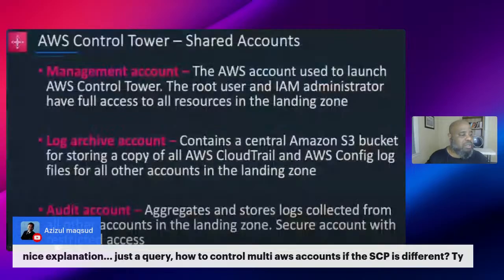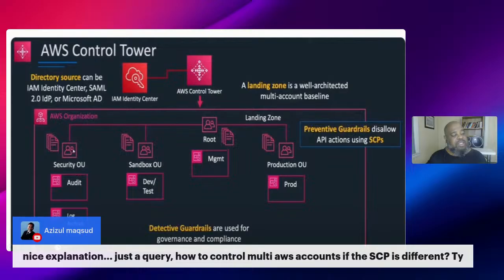What is Account Factory? So here we have our standard OUs. Depending on what OU you have would tell you what type of SCP you have on there. Once again, if it's preventative or detective. So in sandbox, so development and test, I'm going to say you can spin up this type of EC2, this type of database, this type of web server, right?